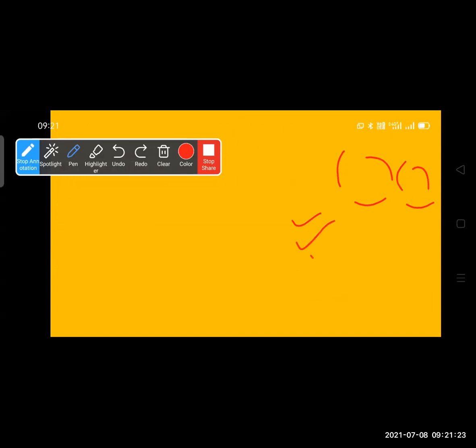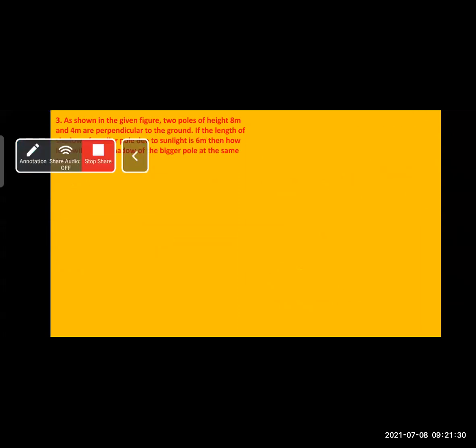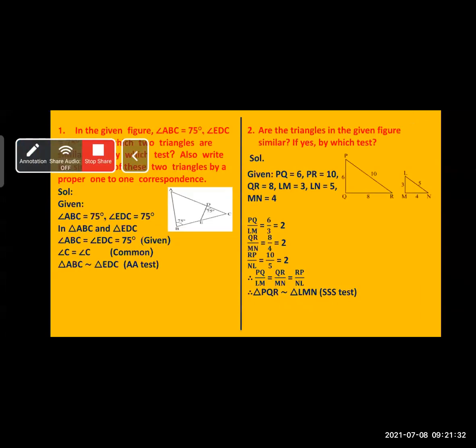Means all three sides' ratios are in proportion. Means PQ by LM is equal to QR by MN is equal to PR by LN. Then we say that these two triangles are similar by SSS test of similarity. Okay. So first test very simple.